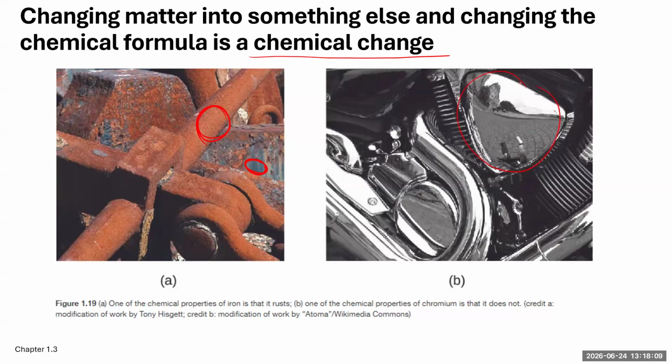Chromium does not rust, so it has very little chance of chemical change. Iron can rust, so that shows a chemical change. This is no chemical change because it's just chromium.